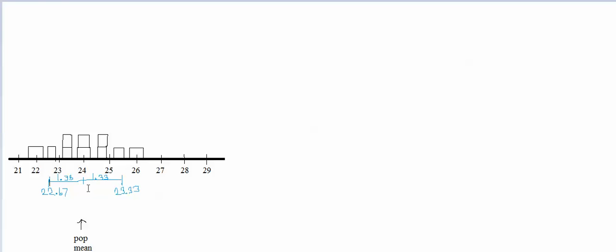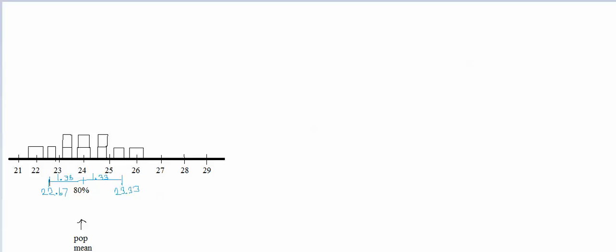Well, maybe down here I'll just put 80%. So we just know that 80% of the possible samples were between these two numbers.